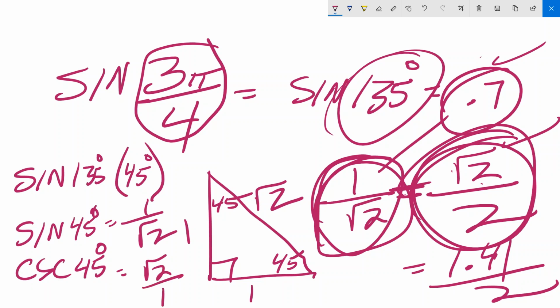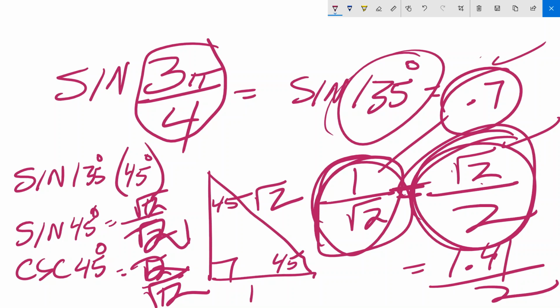If I would have rationalized this as square root of 2 over 2, now when I take the reciprocal, I got 2 over root 2, and then I still have an irrational denominator. And that goes on all the time in trig, because the difference between your 3 primary trig functions and what I call your 3 secondary trig functions is they're just reciprocals of one another. So you're constantly flipping numerator and denominator.